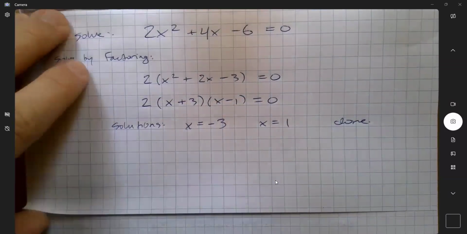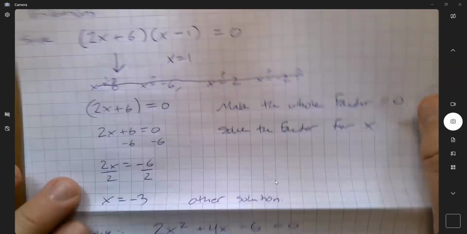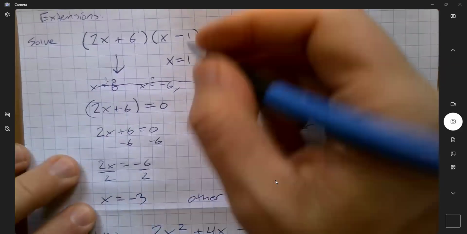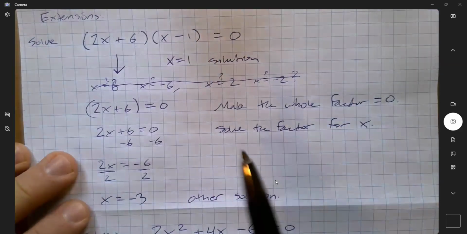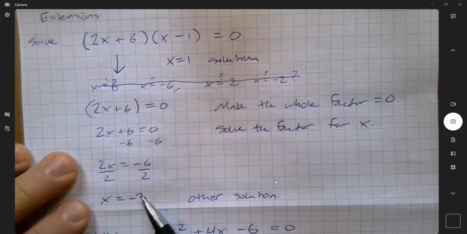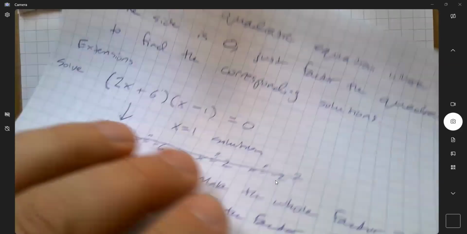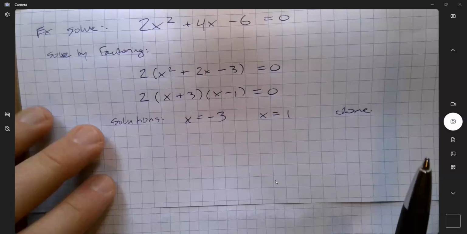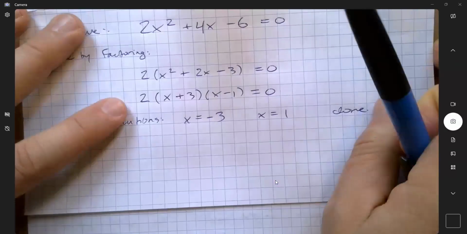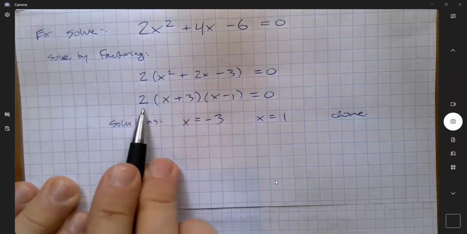By the way, you should have noticed, well, maybe you shouldn't have, but I hope that I can point out to you that these are the same solutions that I had in my earlier equation, x equals 1 and x equals negative 3. And here I have x equals 1 and x equals negative 3. And the reason for that is because of that 2 right there.